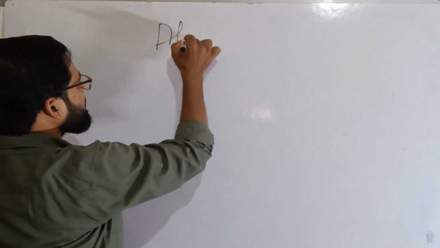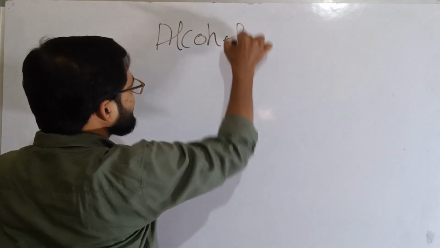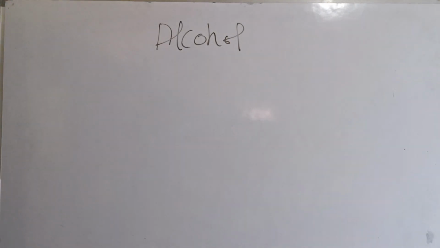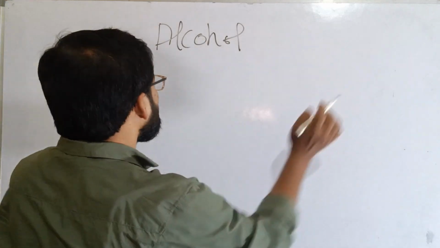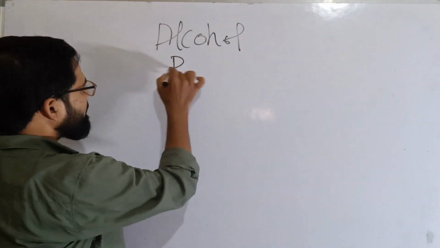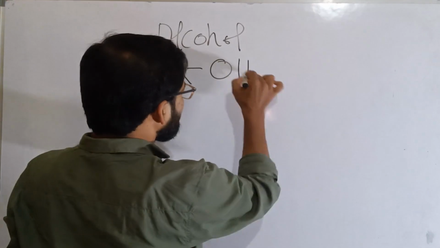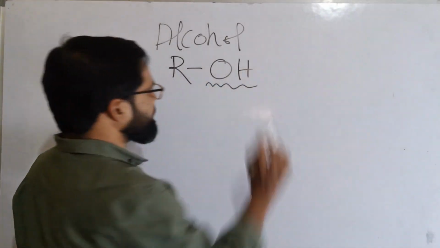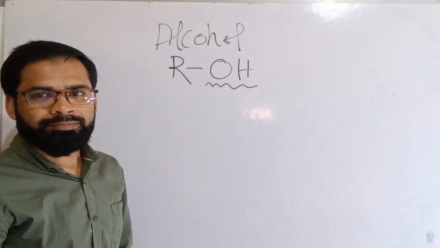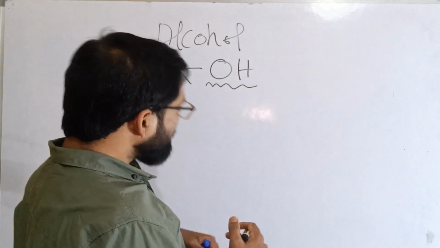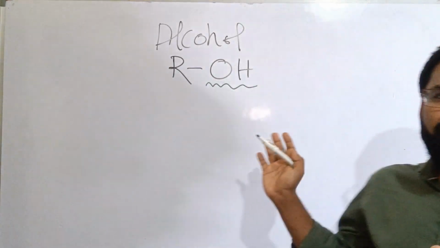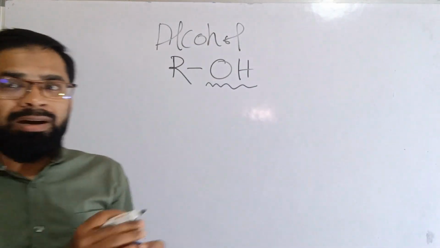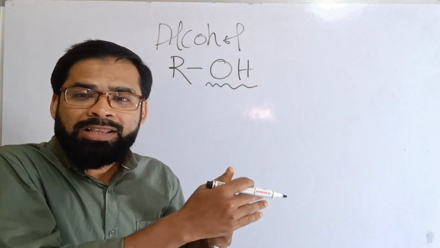Alcohol functional group. The general formula of alcohol is ROH. The functional group is OH. So when we do the functional group alcohol, we will learn both suffix as well as prefix.